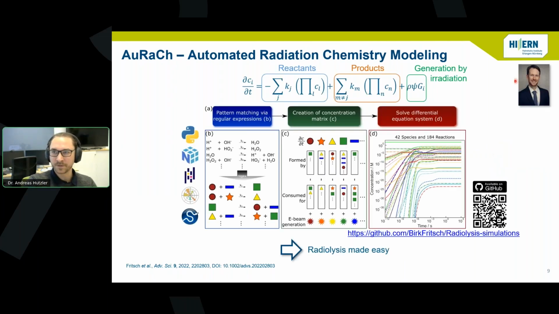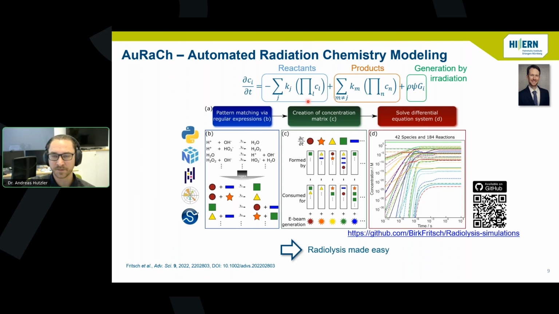Luckily, my former postdoc, Birk Fritsch, tried to tackle this problem and built a Python code that is able to solve this partial differential equation, which basically has 3 terms. The first one, this greenish term, accounts for the generation of the primary species via an energy transfer, so it basically contains all the material and beam parameters.